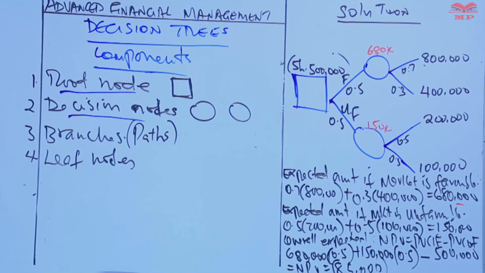Why? Because of the negative NPV. Is it clear to you, candidates? Have you understood decision trees?